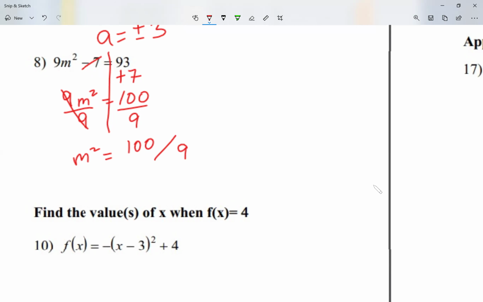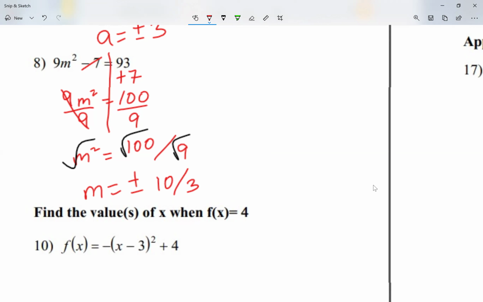Now, let me get the square root on everything. I get my m is equal to, let me not forget that I get two answers, a positive and a negative. The square root of 100 is 10. The square root of 9 is 3.